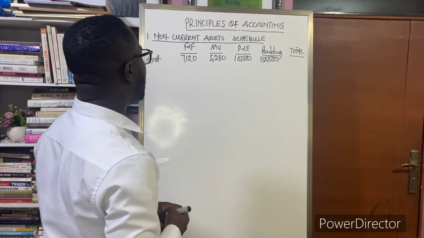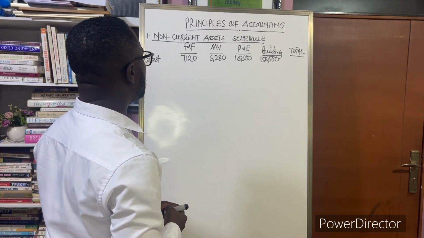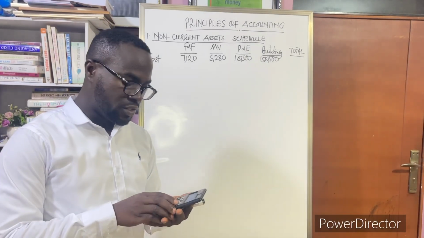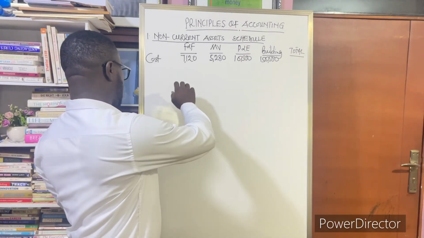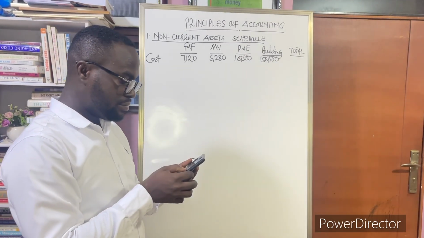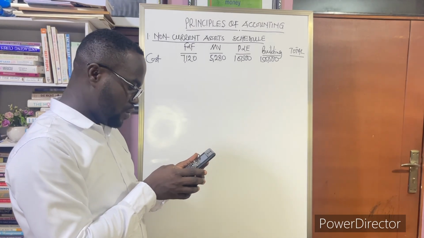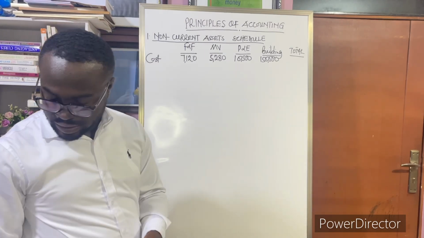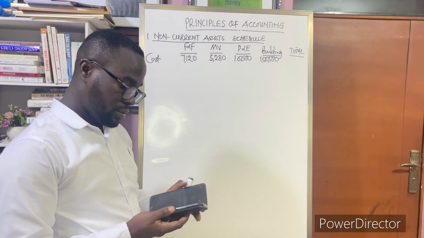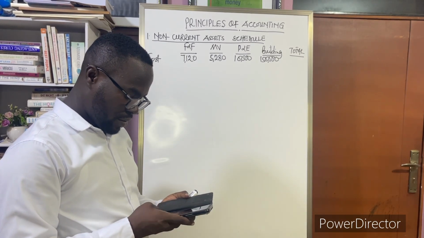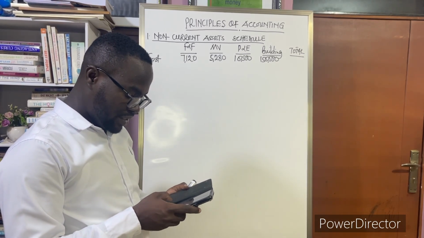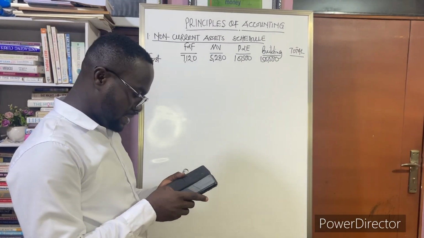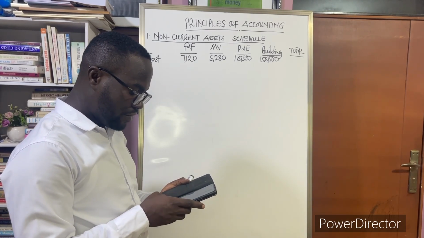So in all, take your calculator. 7,120 plus 5,280 will give us 12,400. Let me take my calculator. You want to sum up all the cost of the assets we have. So we have 7,120 plus 5,280 plus 10,000 plus 150,000.